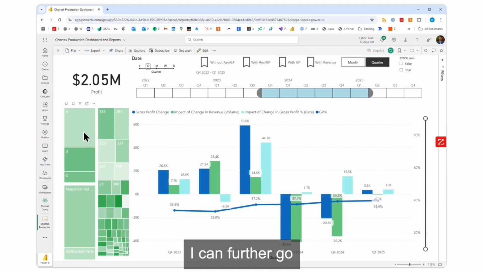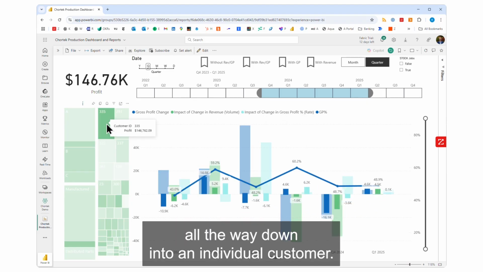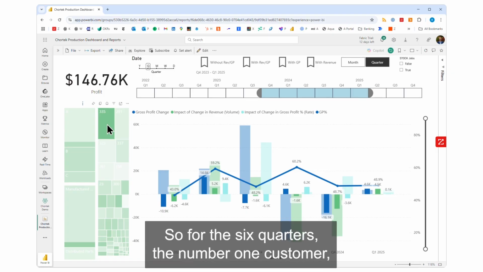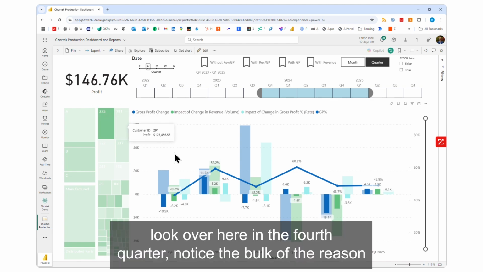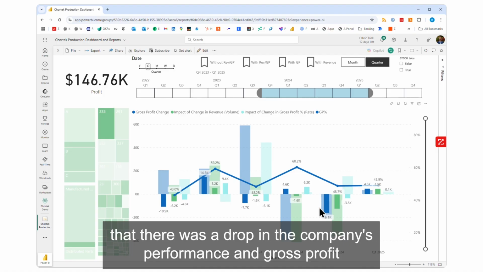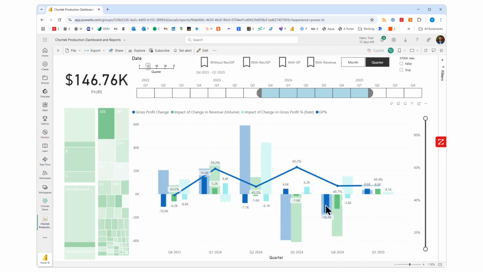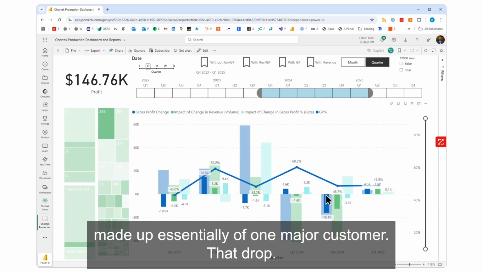I can further go all the way down into an individual customer. And here's something interesting in the data. So for the 6 quarters, the number one customer, look over here in the fourth quarter, notice the bulk of the reason that there was a drop in the company's performance and gross profit for that entire quarter was literally, we can see visually here, made up essentially of one major customer.